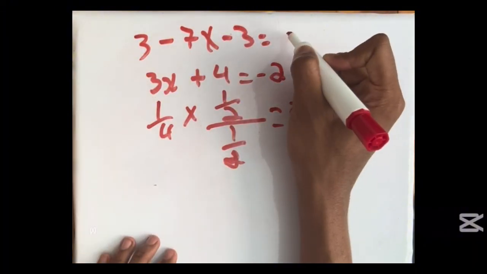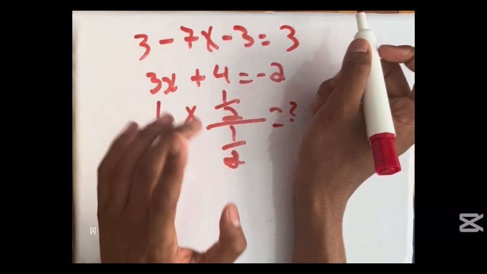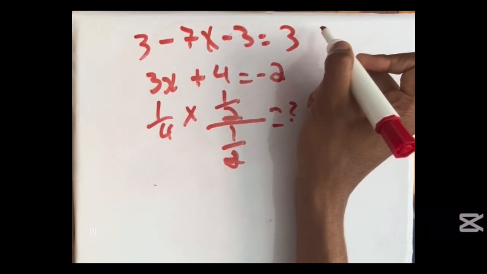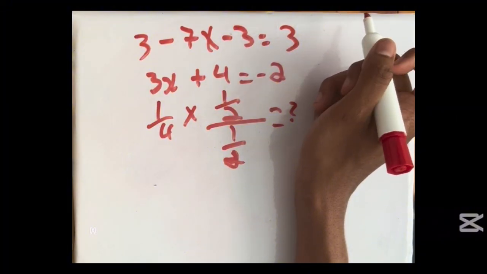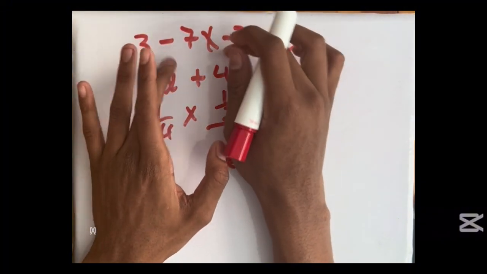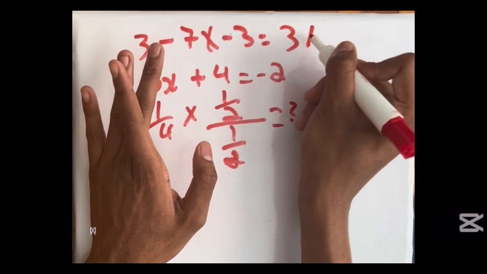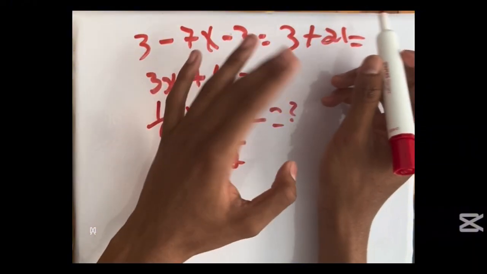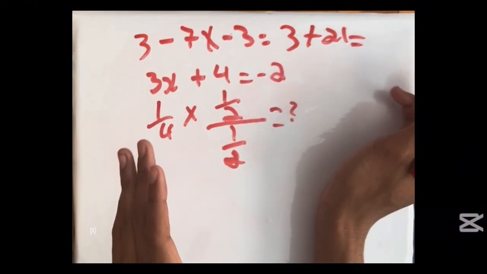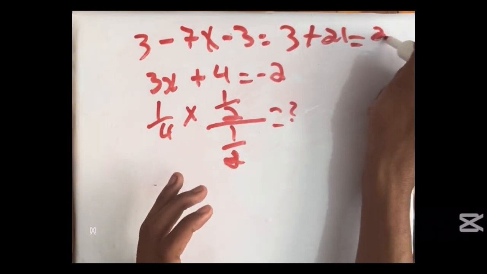So we keep the 3x here, and we multiply 7 times 3, which equals, if I'm not mistaken, 21, right? Then since the signs are the same, it becomes plus 21, which is basic addition, something you probably learned in elementary school.